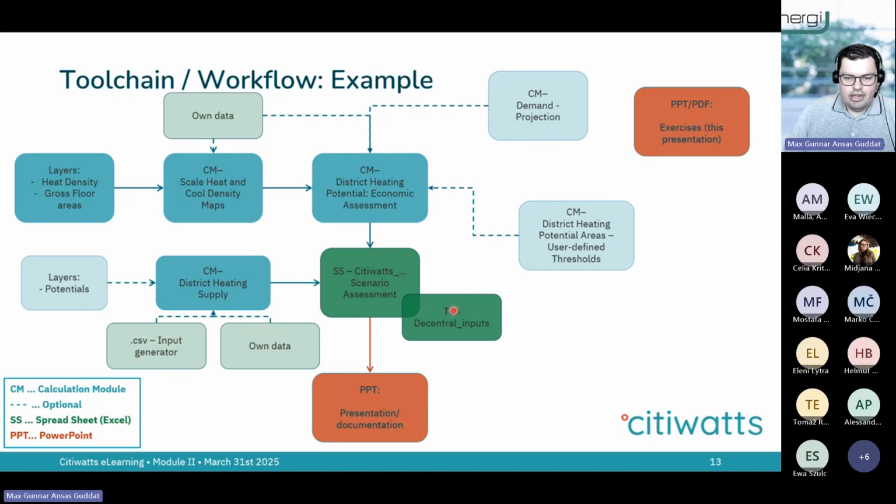One final remark about the scenario assessment spreadsheet is that we have a tab for decentral inputs. This is because the approach in the heat planning aspects and in CityWatts is that if you want to develop district heating, you must, of course, at least be compatible economically with the alternatives.